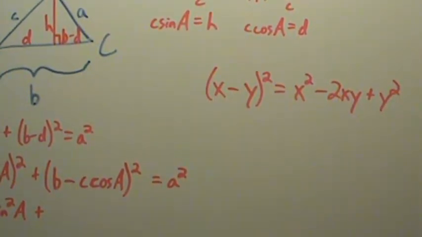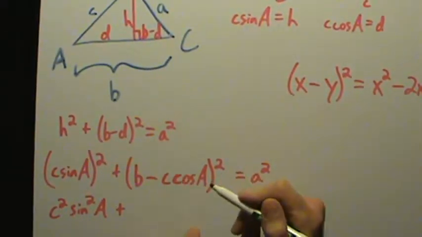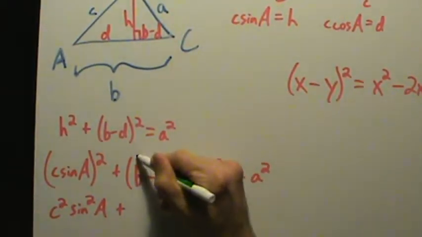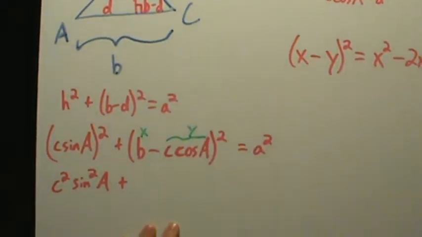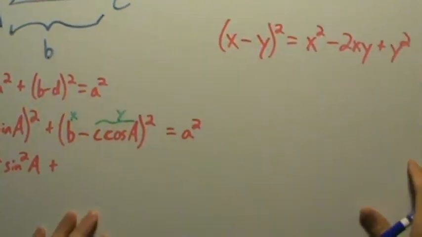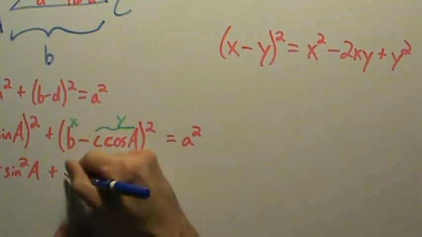We're going to do exactly this, but instead of x and y, we have b and c cosine A. So this is our x, and this whole thing is our y. When we do this foiling, we get x squared, but x is just b, so it's just b squared.